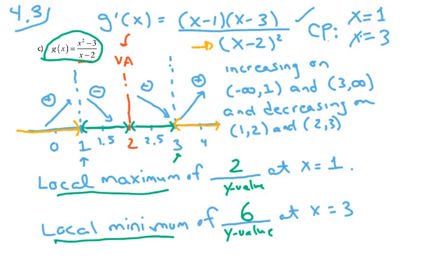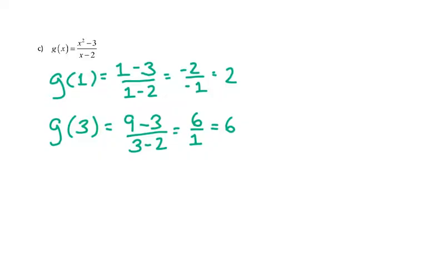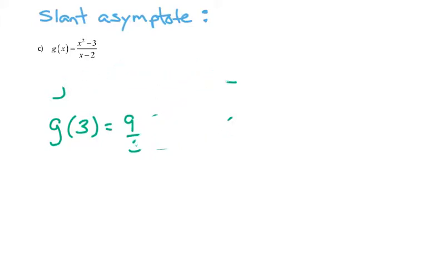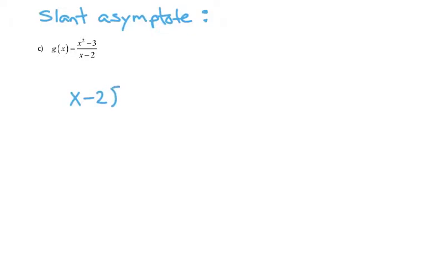Let's do that here. To find a slant asymptote, we are going to use long division. So we have x minus 2 divided into x squared plus 0x minus 3.